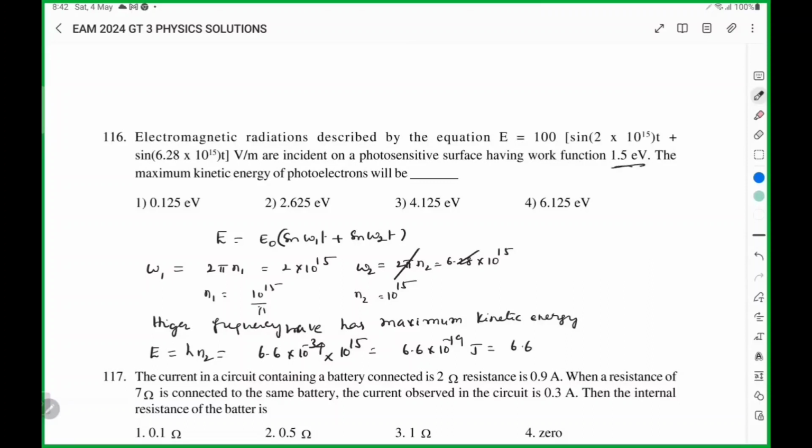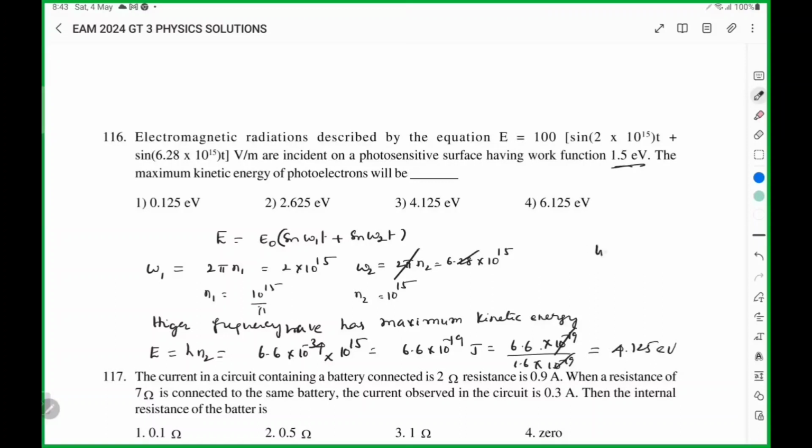So he has given the work function in terms of electron volt. So 6.6 into conversion, 1.6 into 10 power minus 19. 16 fours 64, 6.4. So roughly this many electron volts.